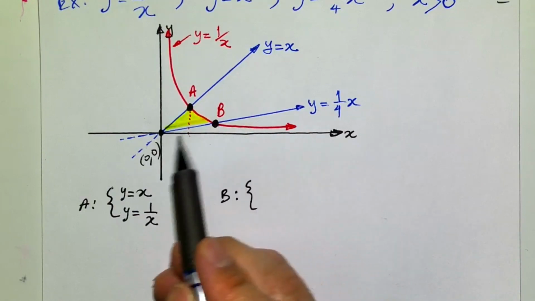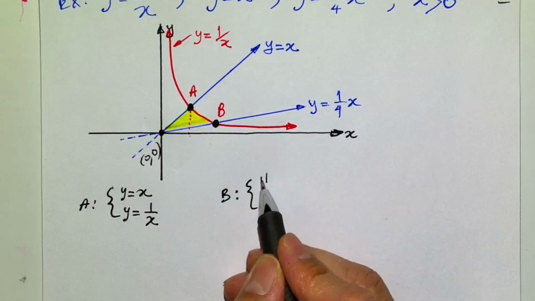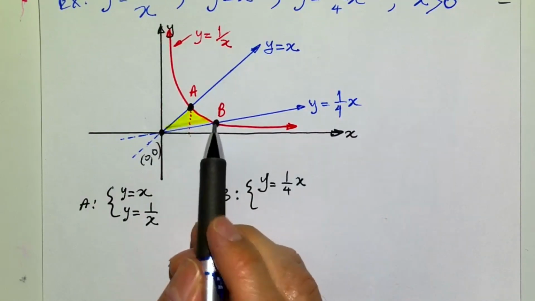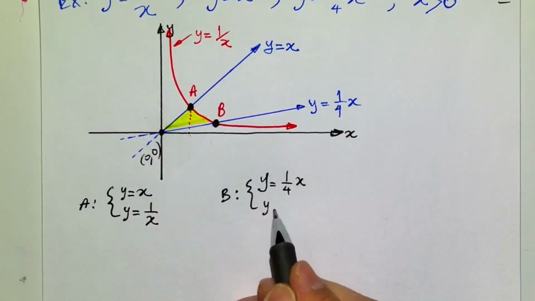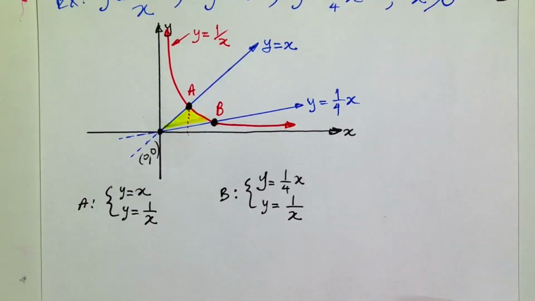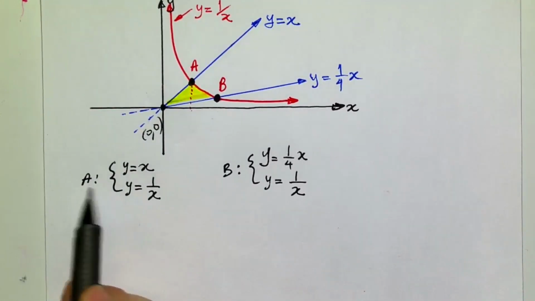One is y equals 1/4 times x, and the other one is y equals 1/x, right?